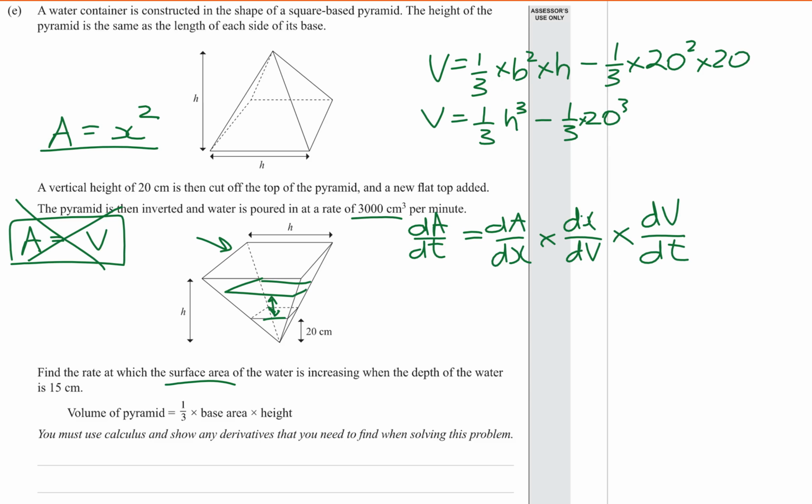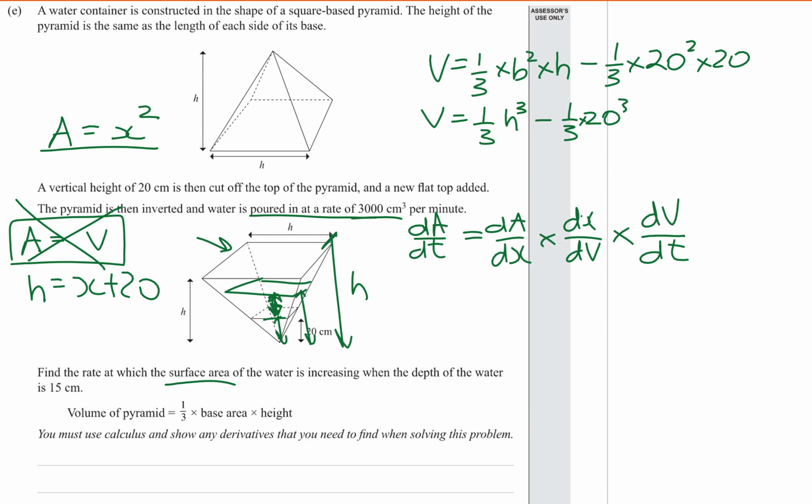If there's h, x is the height of the water because it's talking about the rate at which it's changed. So it's just talking about that part there. So in other words, we've got h is the same as x plus 20. X plus the 20, and there's our height. Can you see that?